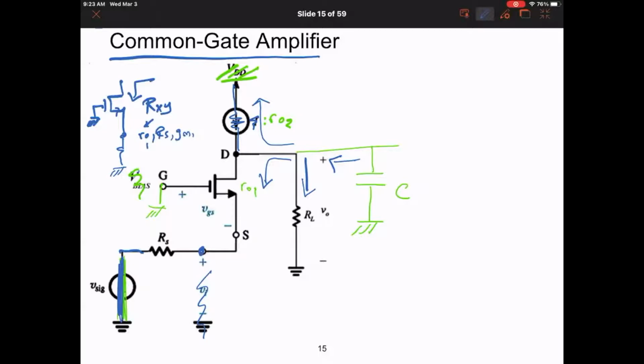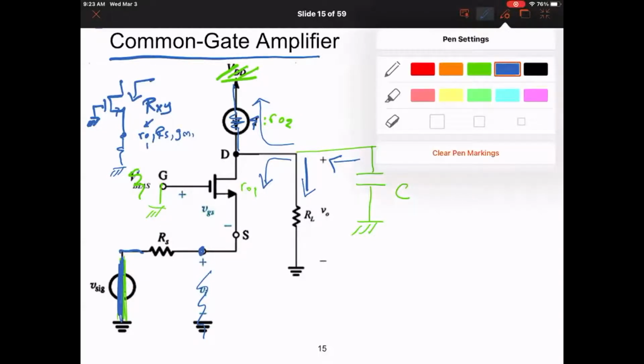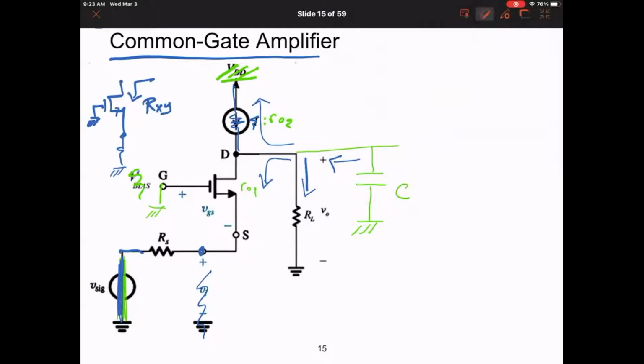RO1 plus RS plus GM1 RS RO1. So this is going to be equal to RO1 plus RS plus GM1 times RO1 times RS. Okay, so this is the effective resistance seen for the MOSFET.